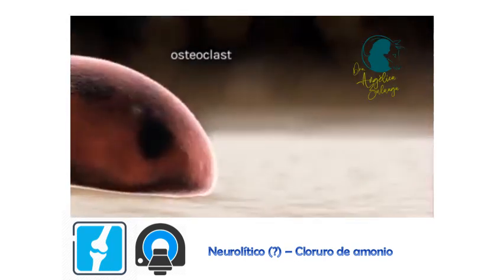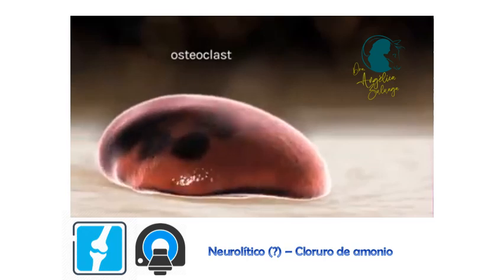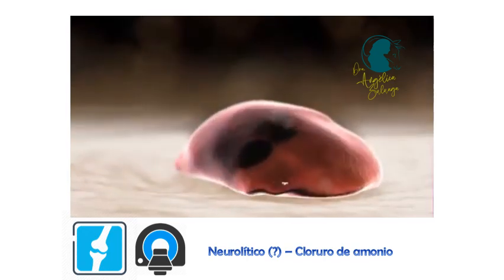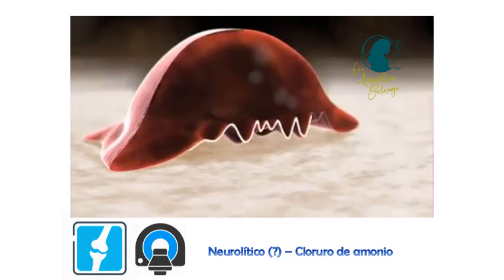Osteoclasts mobilize on the surface of bone tissue and are responsible for resorption. The osteoclast adheres to the bone, becomes polarized, and forms a ruffled border where active bone resorption occurs.